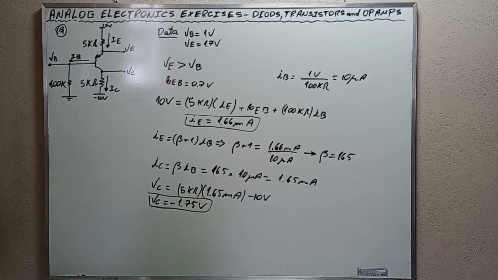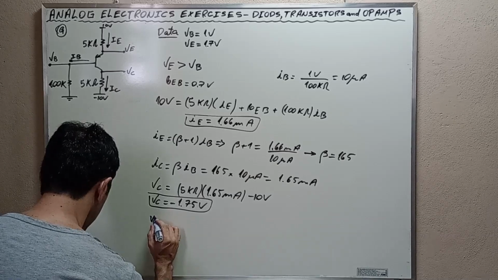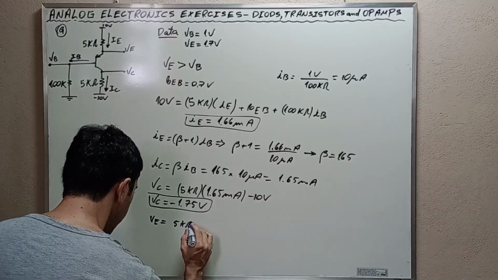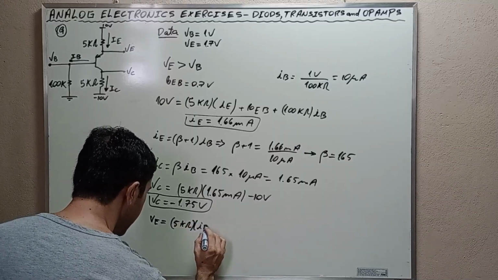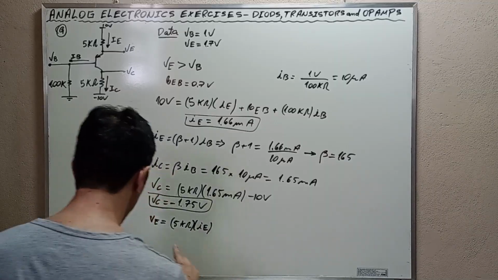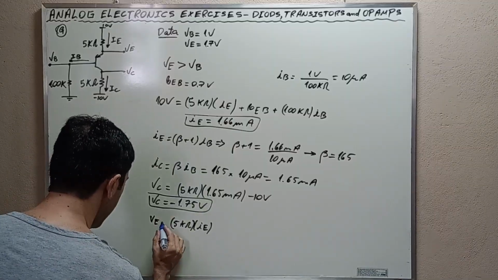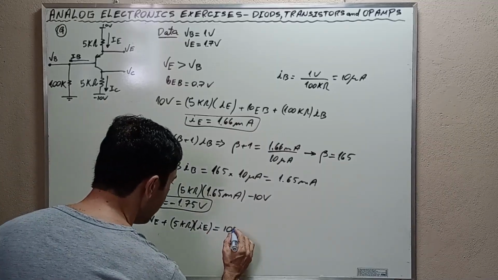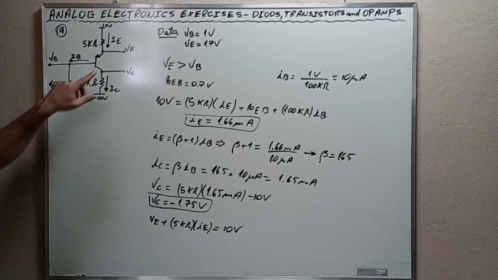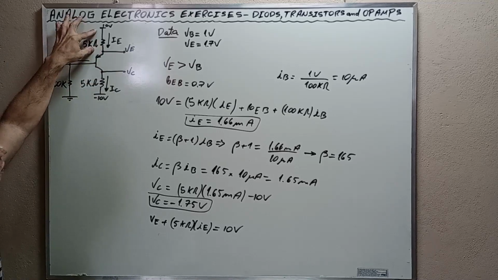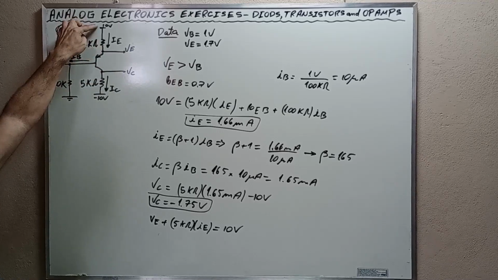Okay, my friends, and lastly, observe that VE plus 5 kilo ohms times IE is equal to 10 volts. VE plus the voltage drop here is equal to 10 volts.